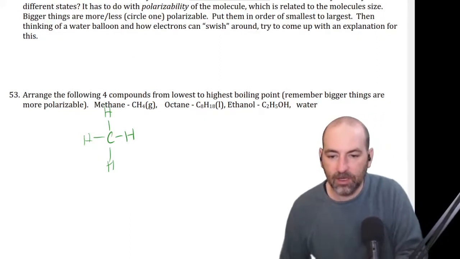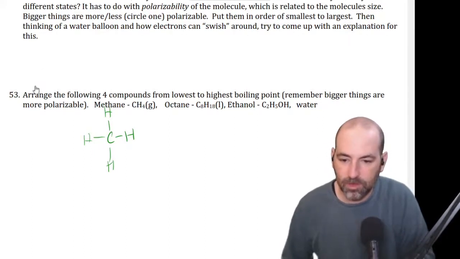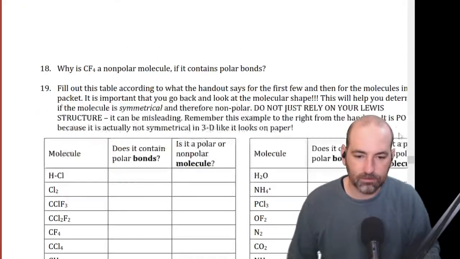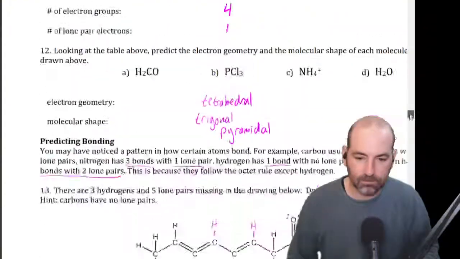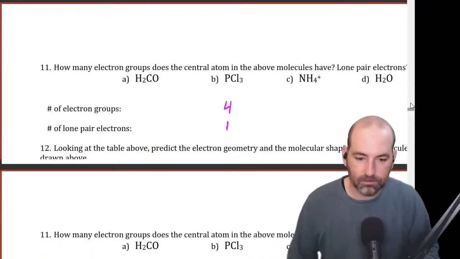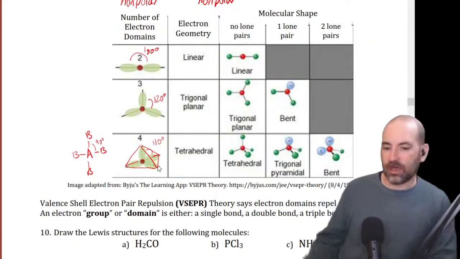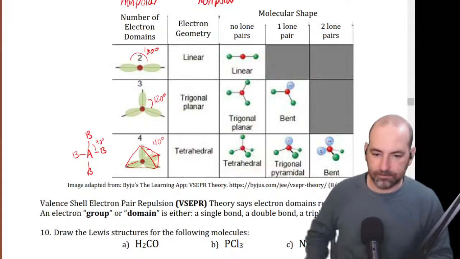And if we go back to that handout, which I will open up, and we go back to this table, we can see that we've got 4 groups and therefore tetrahedral.